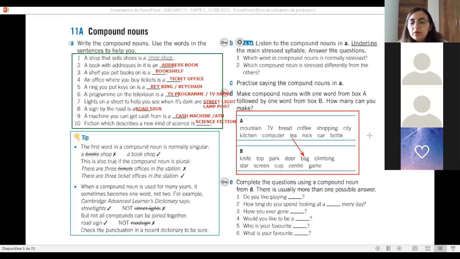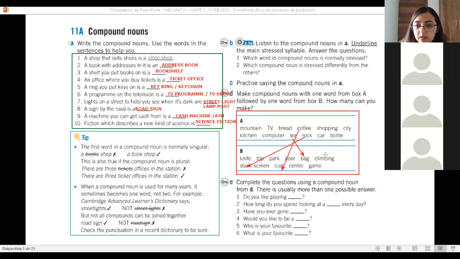What else can you find here as a compound noun? Rock star. A rock star, very good. We have a rock star. What else do we have? Coffee cup. A coffee cup, excellent. Una tacita de café, ¿no es cierto? Como Doña Florinda y Don Ramón. Very good. Rock climbing.